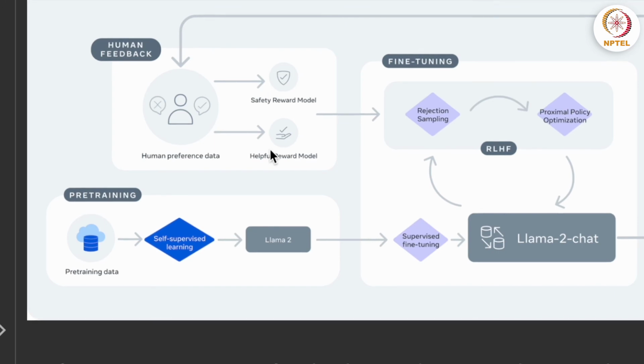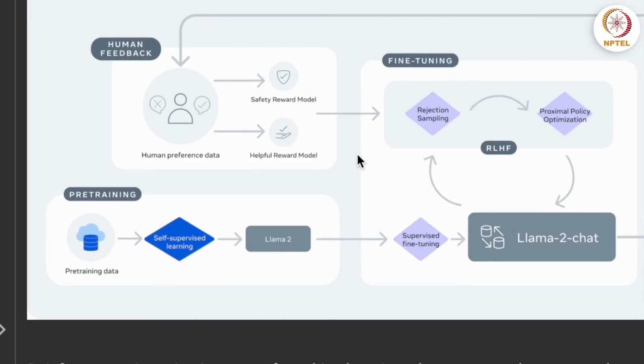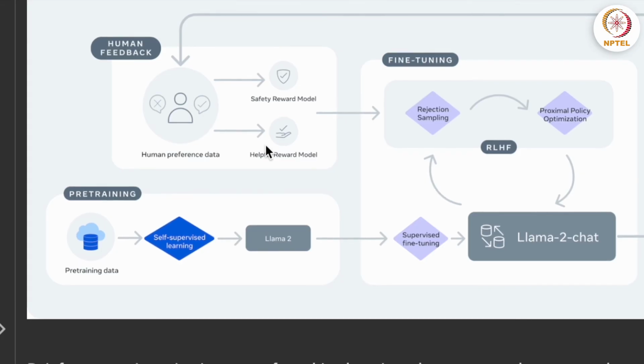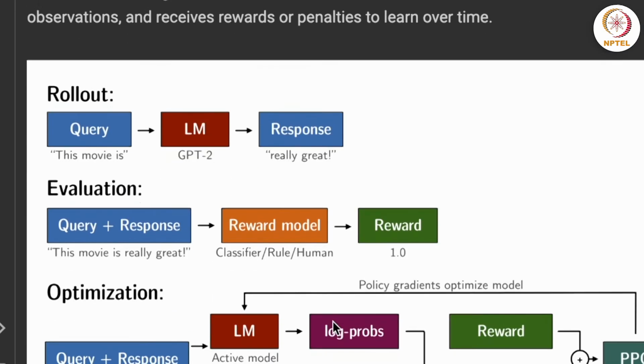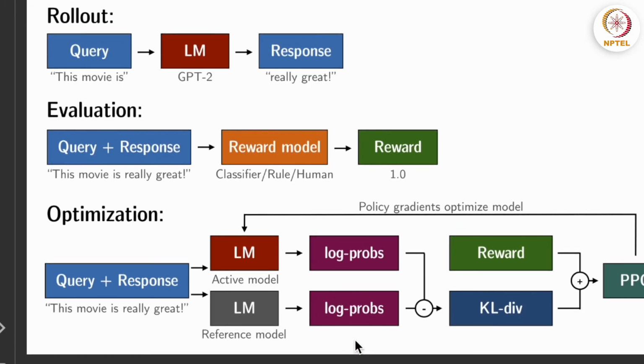These are the two objectives on which the Llama 2 chat has been fine tuned, and we call this human preference data, where the model is supposed to be helpful, and at the same time it should also be safe in nature. So how exactly proximal policy optimization works, we'll look into one example scenario.